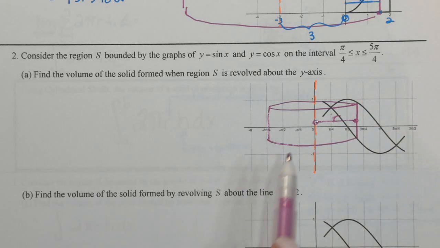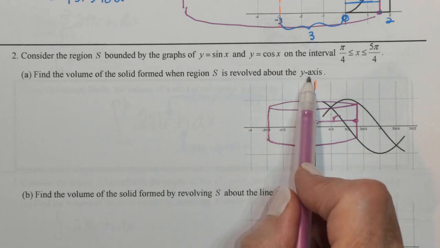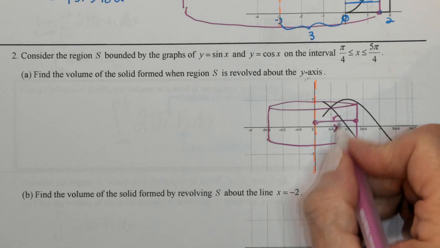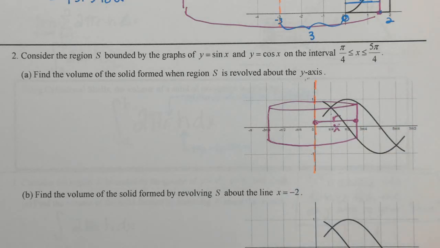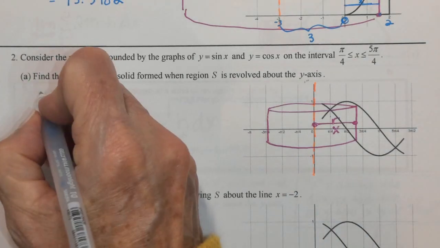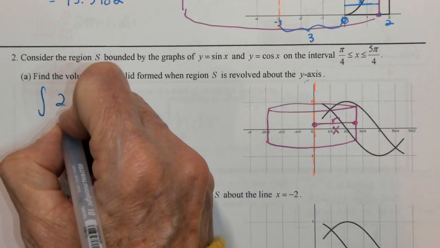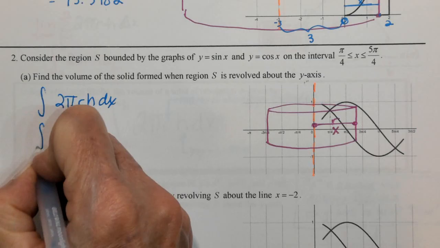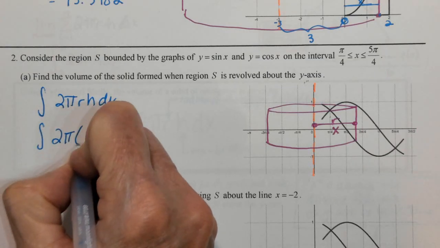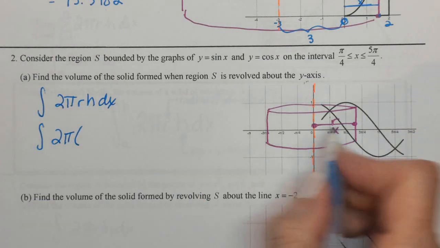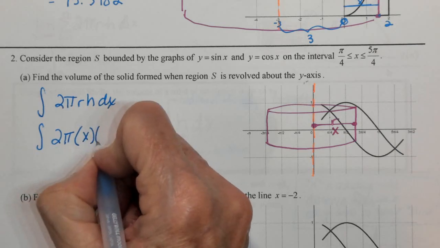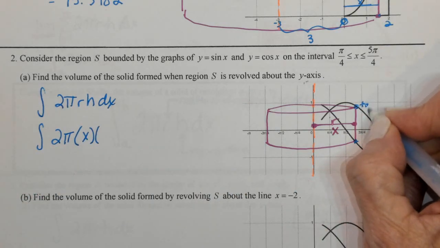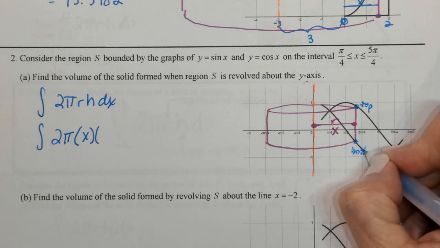And since our axis of revolution is the y-axis, x will be r. So, integral 2 pi RH dx, integral 2 pi, the radius of the cylinder is just x, the height of the cylinder, top minus bottom.